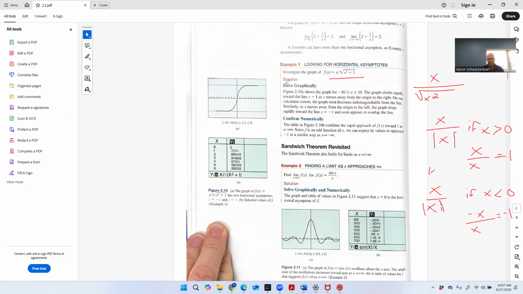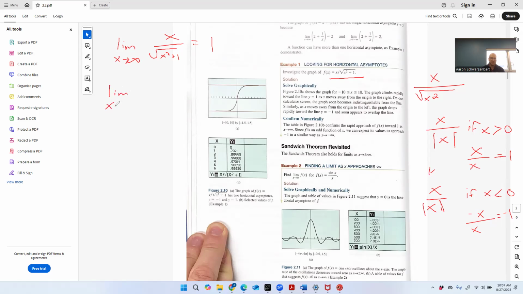So my limit at positive infinity of my actual function equals 1.